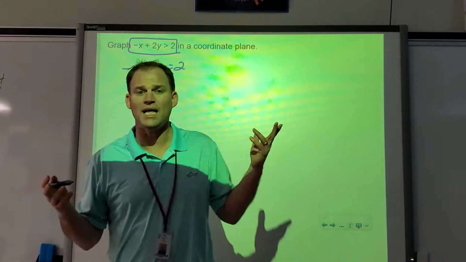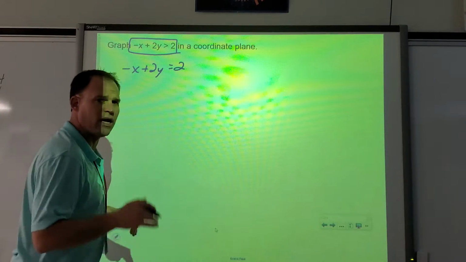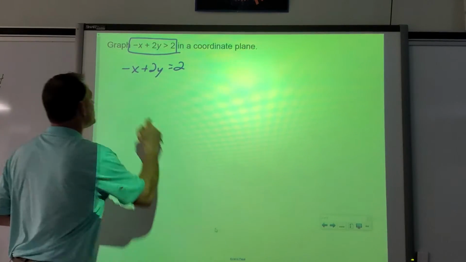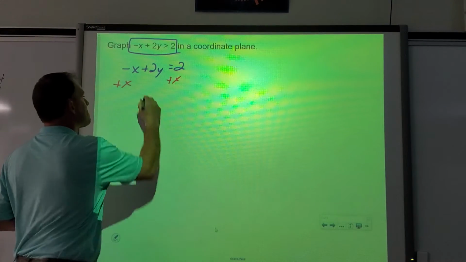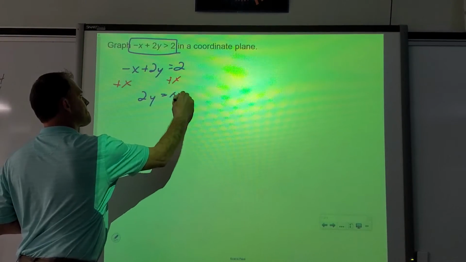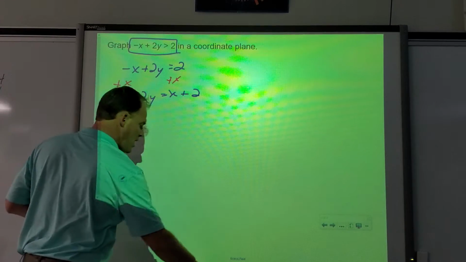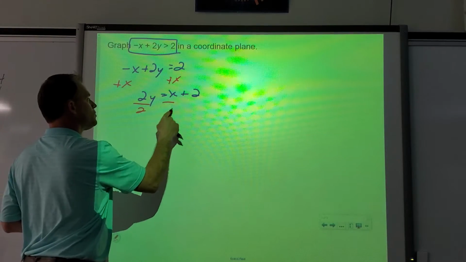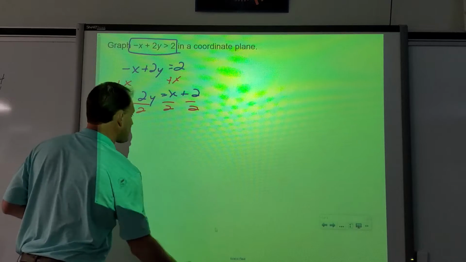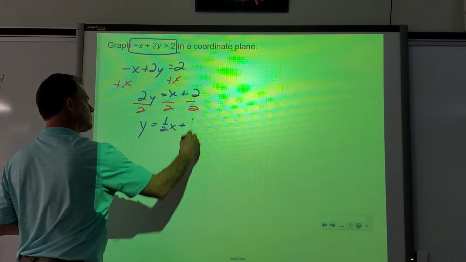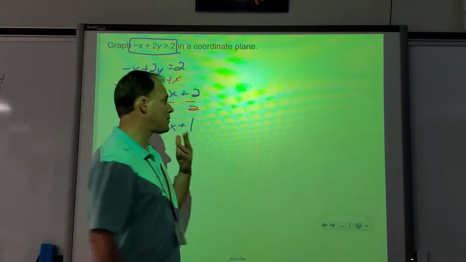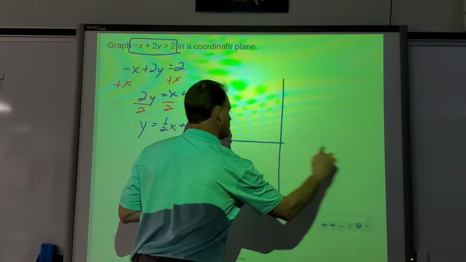Okay, some of you like that, some of you don't. Just follow along for a second. So if I'm going to do that, I'm going to add x to both sides. I'm going to divide everything by 2. And then I'm going to graph this.